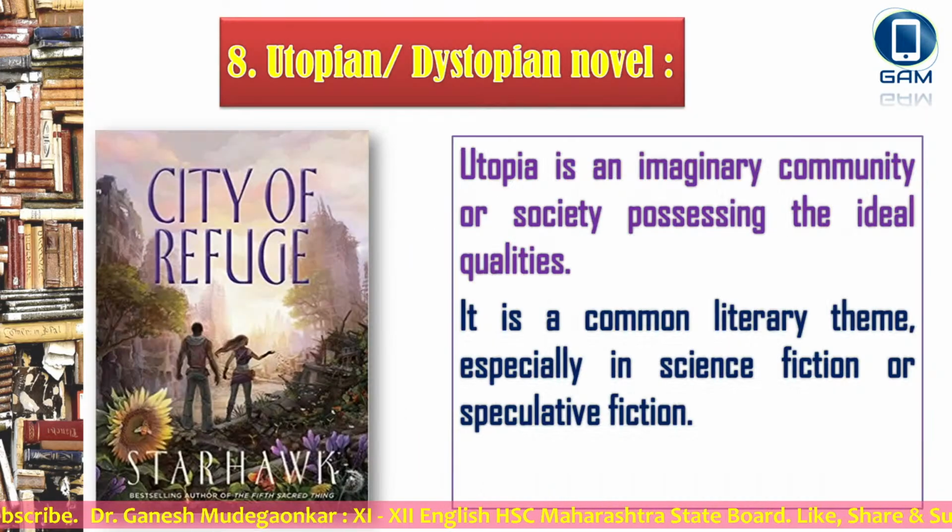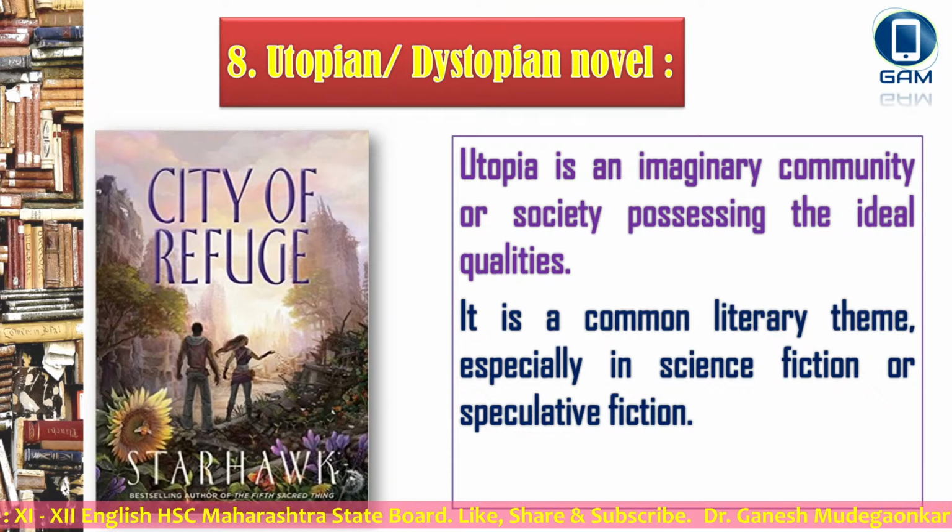Then another popular form, very few people read these kinds of writings, but yes, utopian or dystopian novel. So utopia is an imaginary community or society possessing the ideal qualities. That means they are having that ideal kind of qualities, and just because of these qualities, in their imaginary life they are creating this kind of picture.